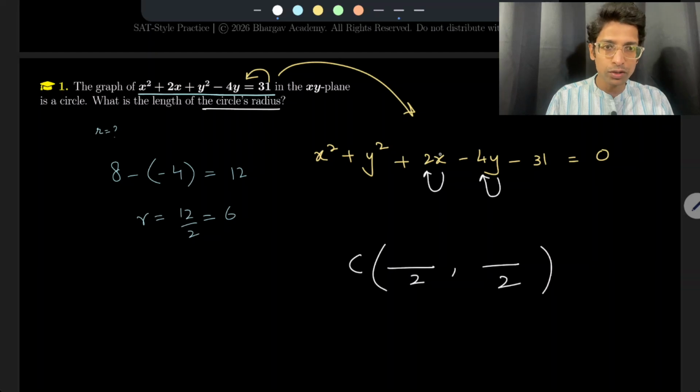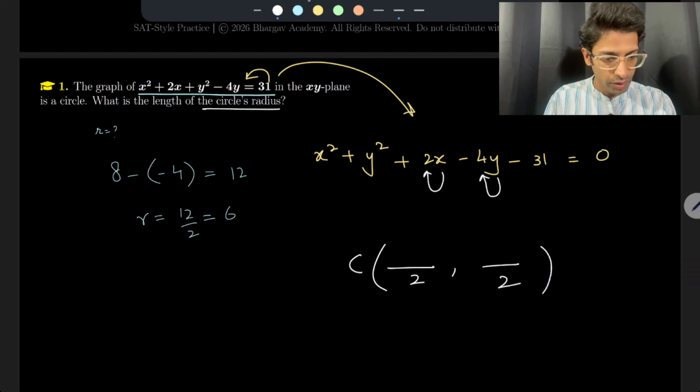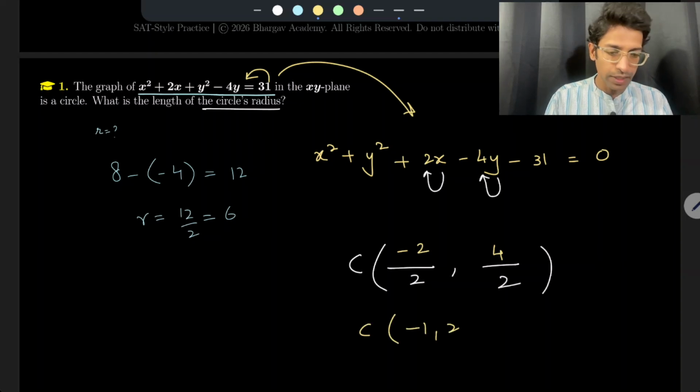Whatever is the coefficient of x, flip the sign of it and write it down here. So it becomes minus 2. Whatever is the coefficient of y, flip the sign of it and write it here. So that becomes 4. So the center of the circle is minus 1, 2.